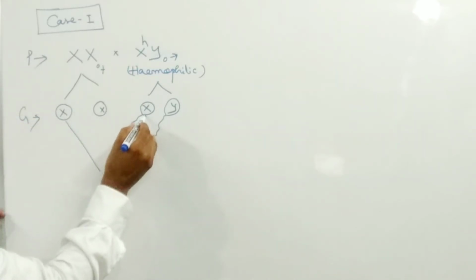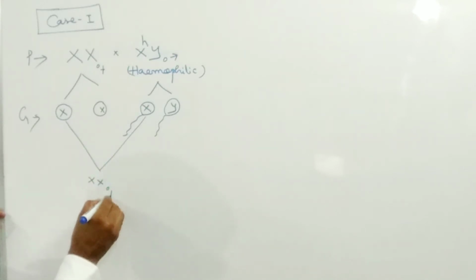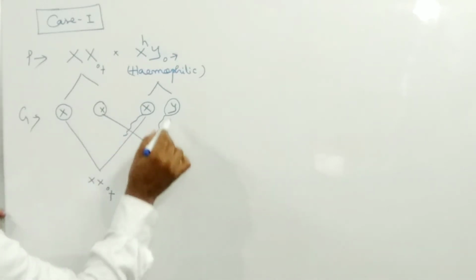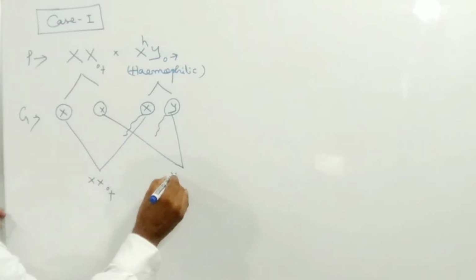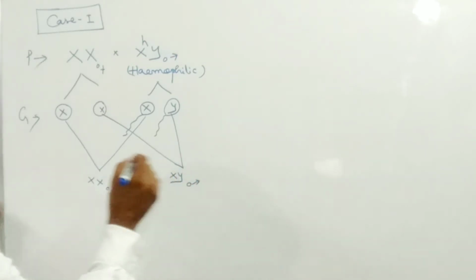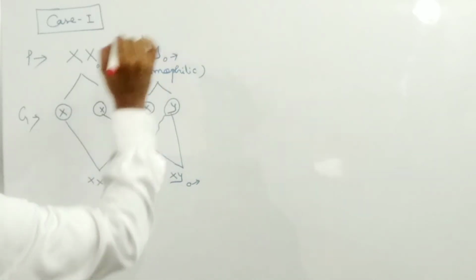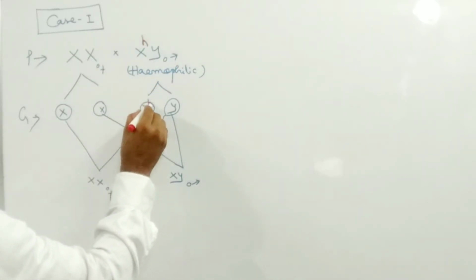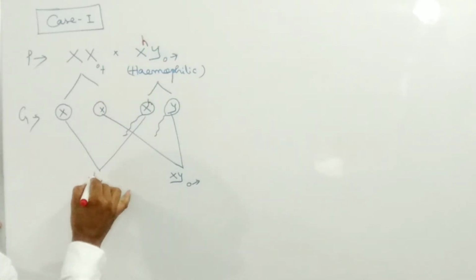If the fusion takes place between these 2 gametes, then the individual will be female, and suppose that the fusion takes place between these 2 gametes, then the individual will be male. Suppose that this is the hemophilic male. So this is the hemophilic gene which comes from the father to the daughter.